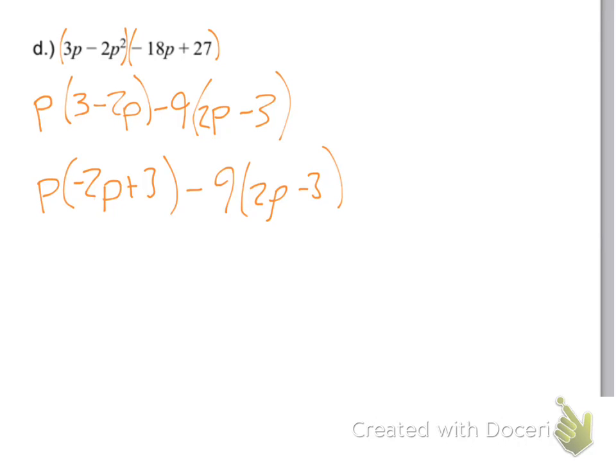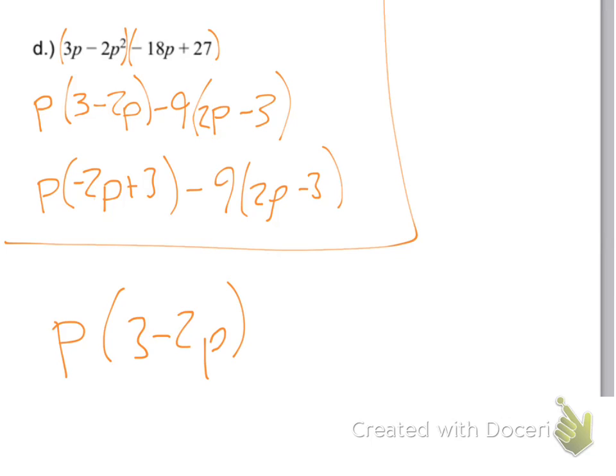Because I should not have taken the negative out, should I? If I leave the negative in, let's just break this apart. Going back to the beginning, I should have taken a positive 9 out, which would leave me with negative 2p plus 3.